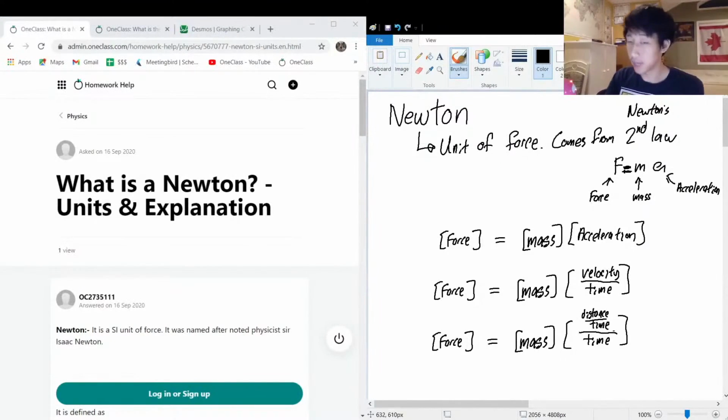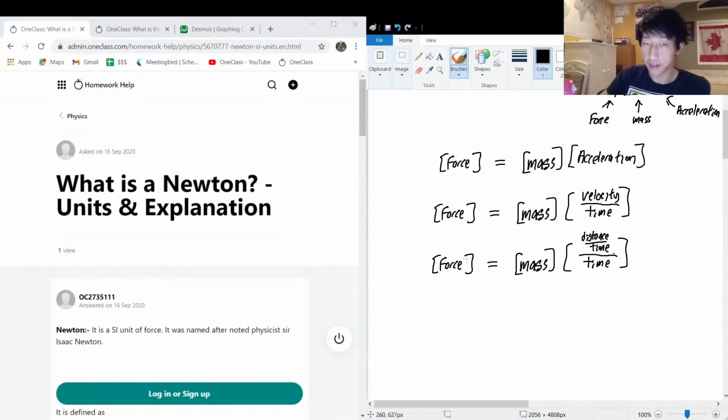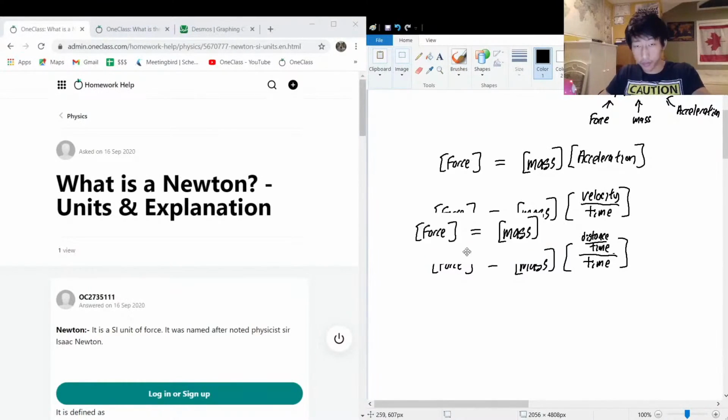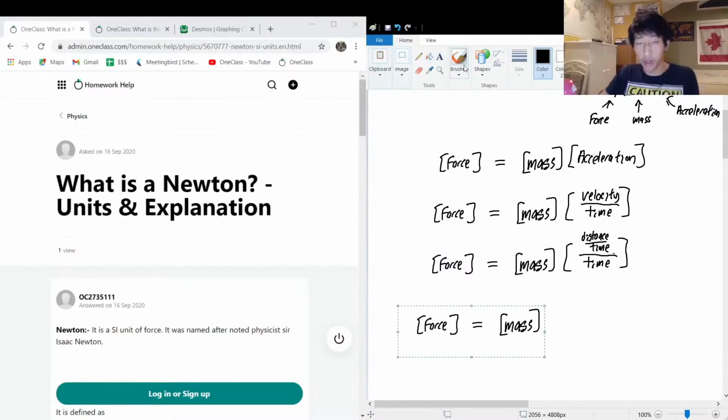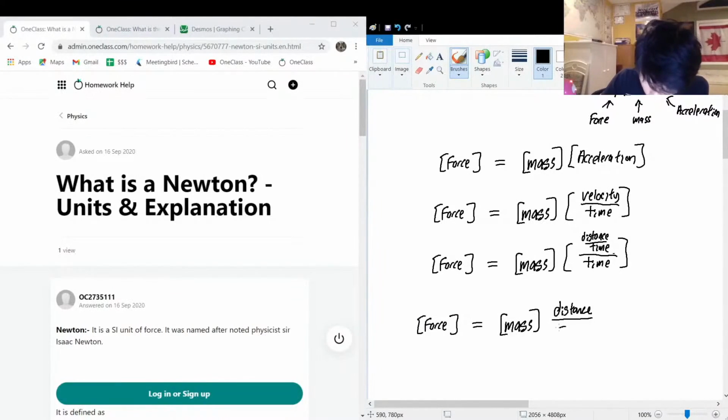And distance over time per time can be written like this: distance over time squared, right?